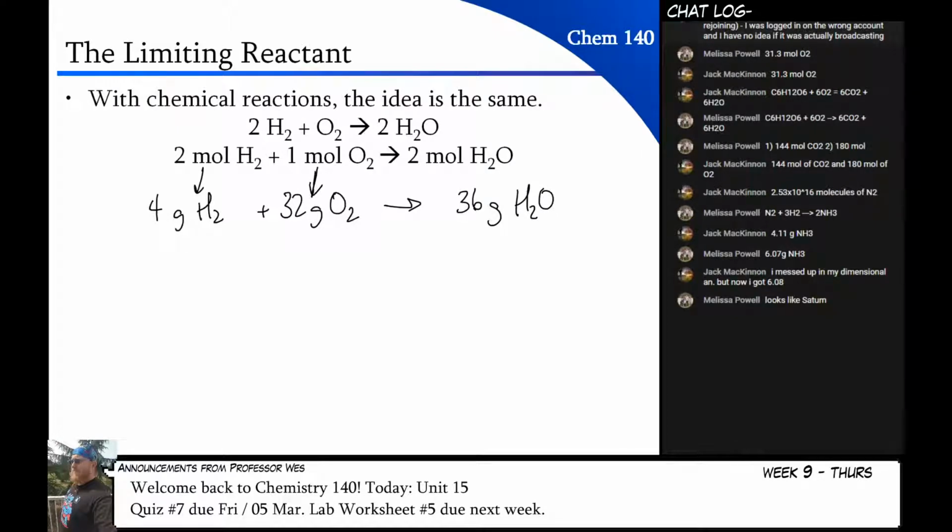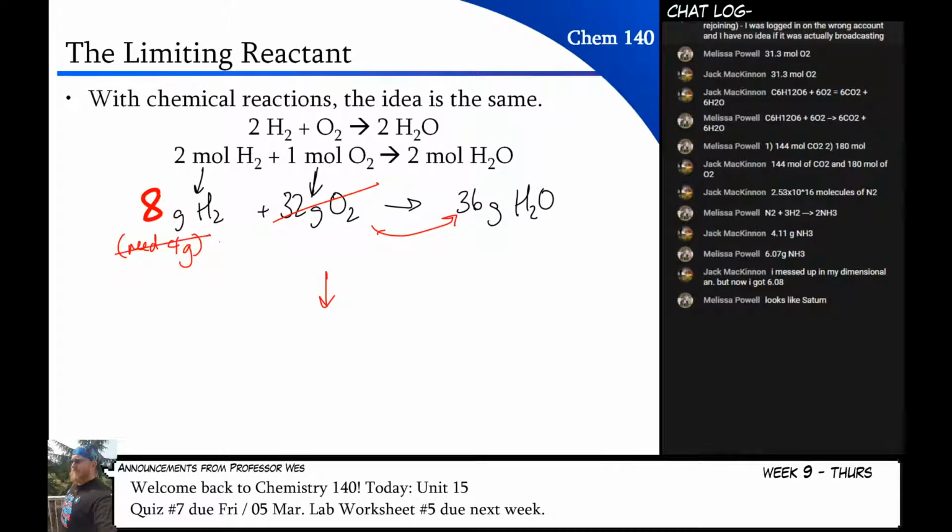But now let's suppose that instead of having 4 grams of hydrogen, I actually had 8. I only really need 4 grams to do the reaction with my 32 grams of oxygen. So when I am done with the reaction and everything has happened, all of this gets used up to get put in here.